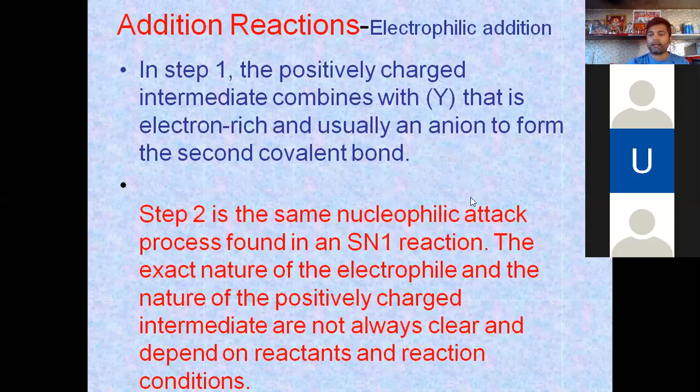The nucleophile attacks the carbocation. The exact nature of the electrophile and the nature of the positively charged intermediate are not always clear and depend on reactants and reaction conditions.